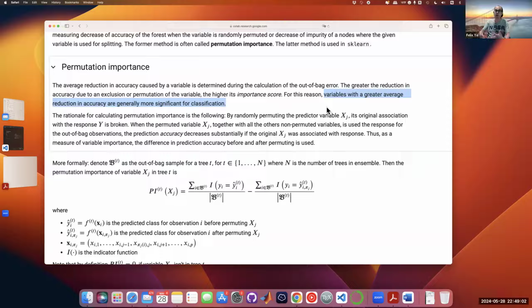If the prediction accuracy decreases significantly, that means this feature xj is really, really important. If not, then this xj contains less information, or even worse, could just be considered noise. Then this feature will not be important.